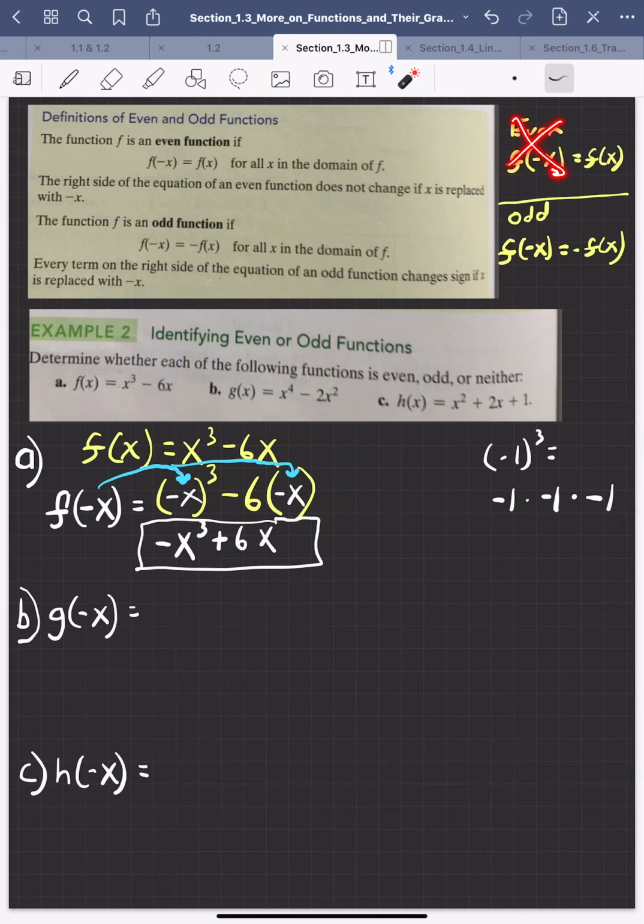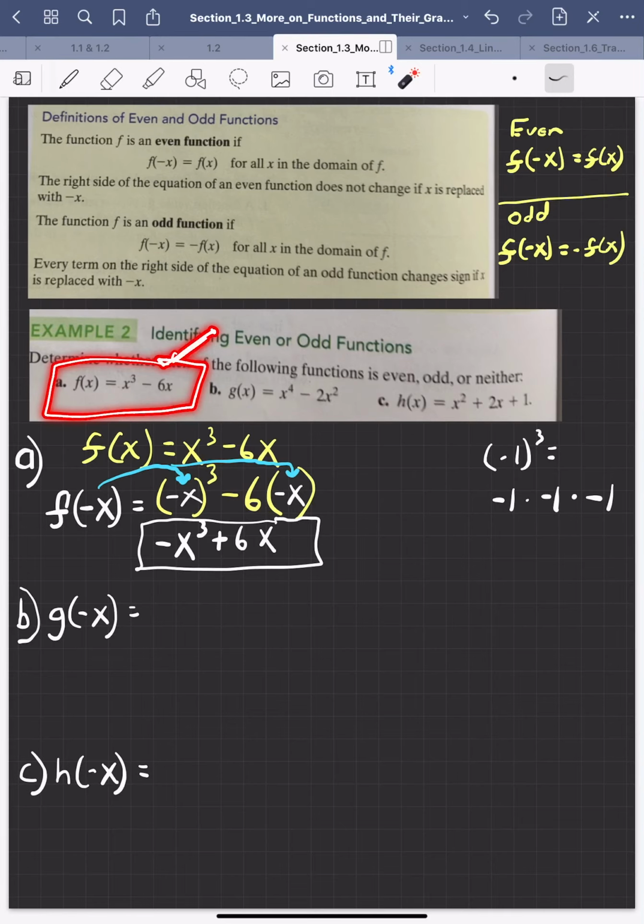All right, well, let's look at odd. The way we read odd, it states if it's an odd function, it should be the opposite signs of what you started with. So let's look right here. The opposite signs: instead of having a positive x cubed, you should have a negative.